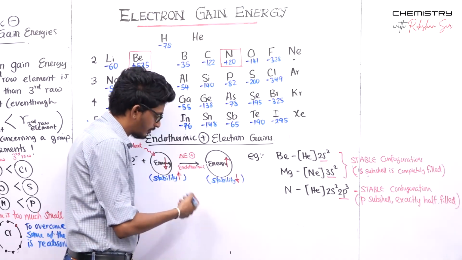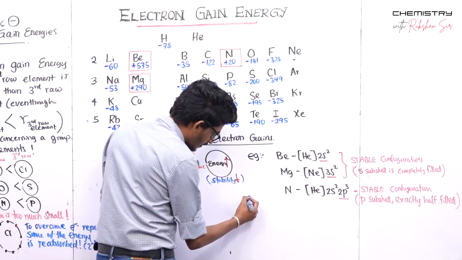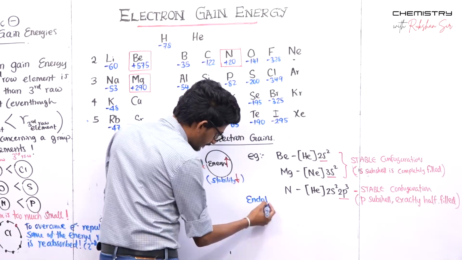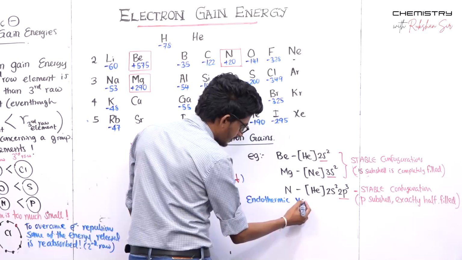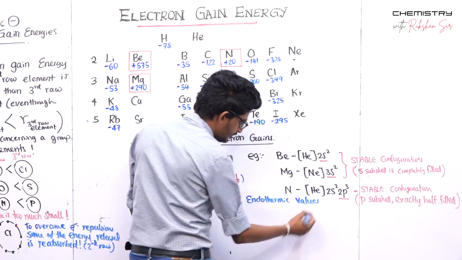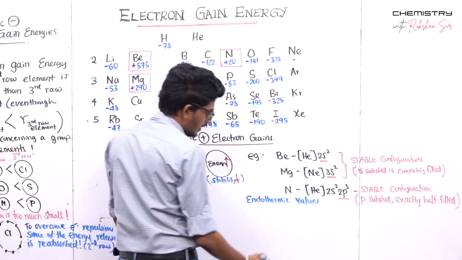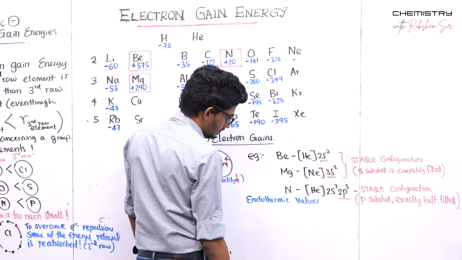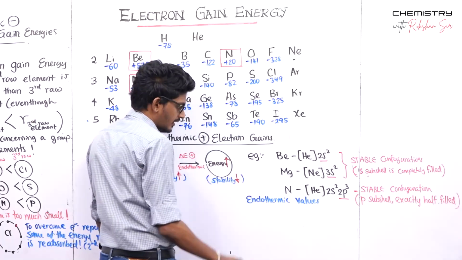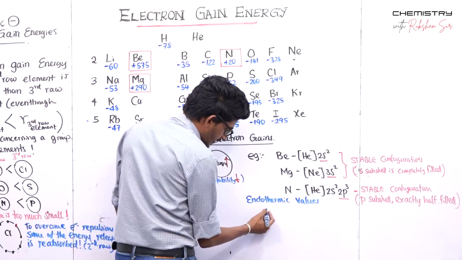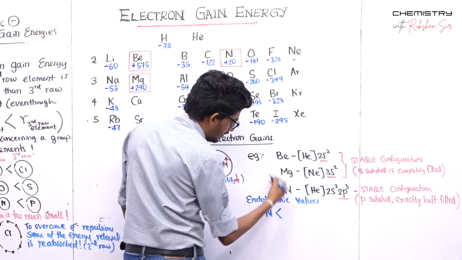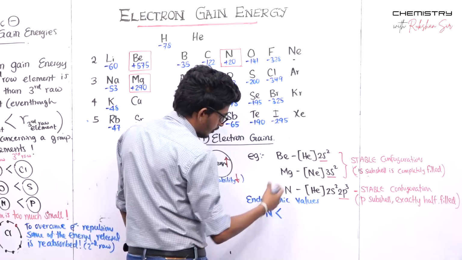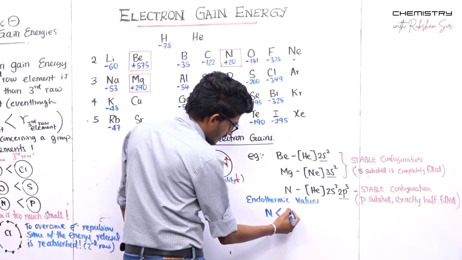So if you think of endothermic values, for nitrogen it is the smallest. The endothermic values of beryllium and magnesium are greatest because those have a more stable configuration.